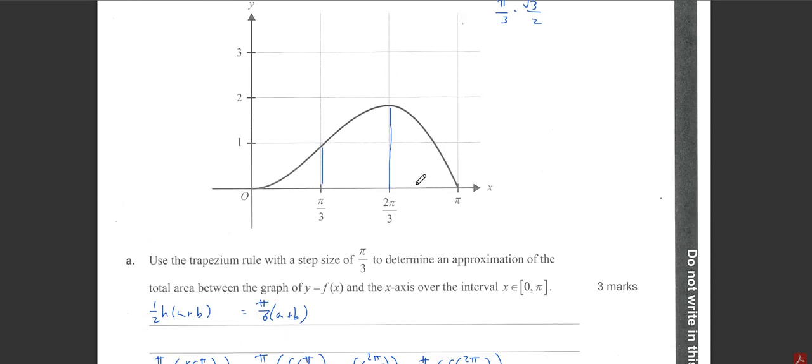Interesting. So pi on 2 is around, well, actually just half of pi, so right there. And as you can see, from here to here, the gradient is at its maximum over here.